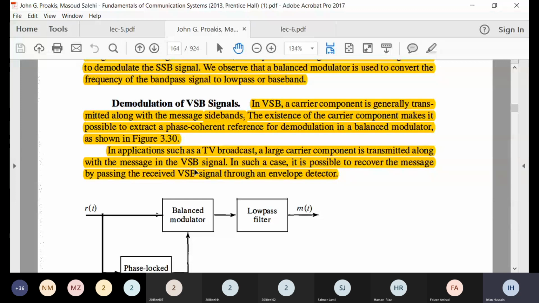Now in vestigial sideband you can send a carrier also for a phase coherent reference.